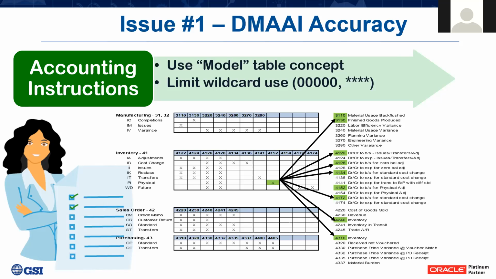What you'll find is differences, and those differences need to be corrected. So that's one thing that we can do. So first tip, DMAIs. DMAIs are probably the biggest contributor to reconciling items in inventory. Let's make sure that they're correct so that we can mitigate that.